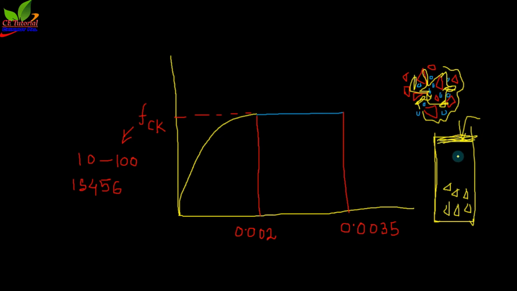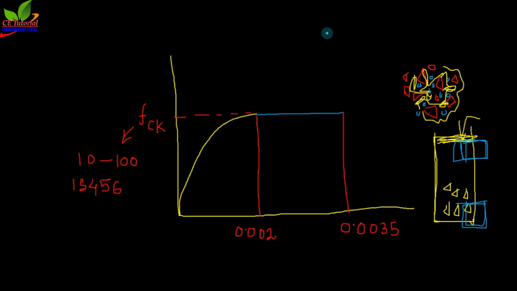So if you take one sample from this part and one sample from that part, the strength will vary, although it is cast at the same time with the same concrete. Now there is another problem like that.